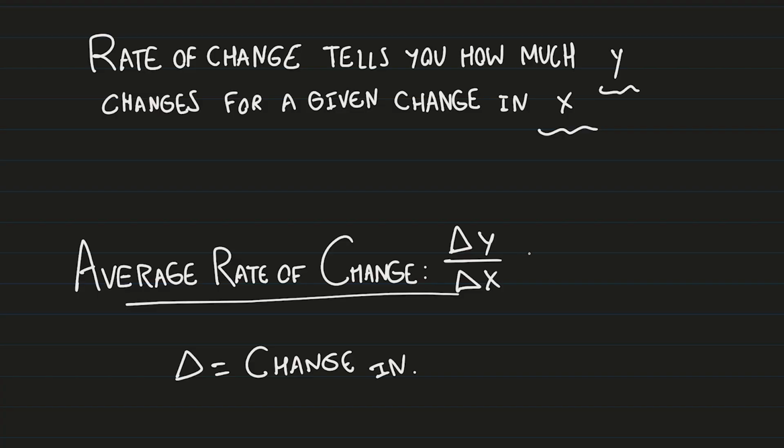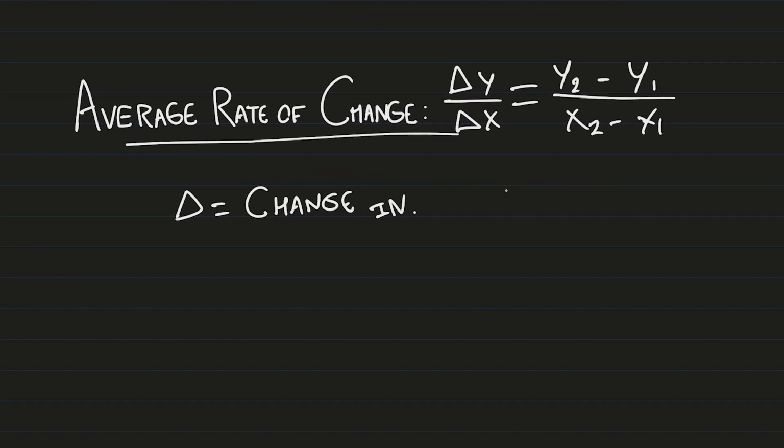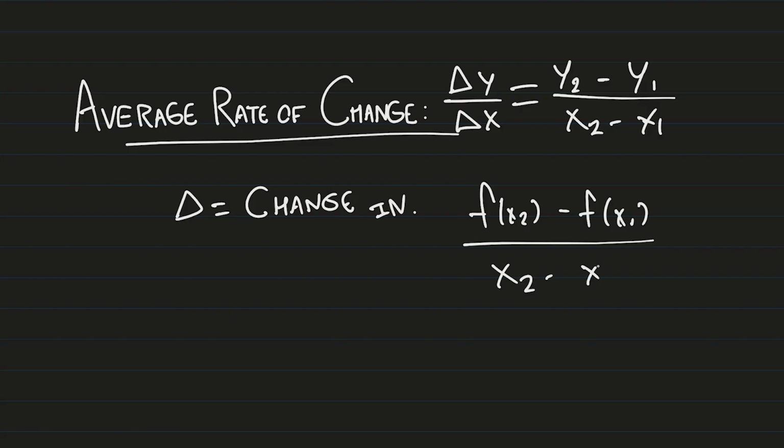A better way to write that out would be y2 minus y1 over x2 minus x1, something I'm sure you've all seen before. The more formal way to write this in terms of precalculus, though, would be f of x2 minus f of x1 over x2 minus x1. It's the same thing, it's just written in function notation instead of using y.